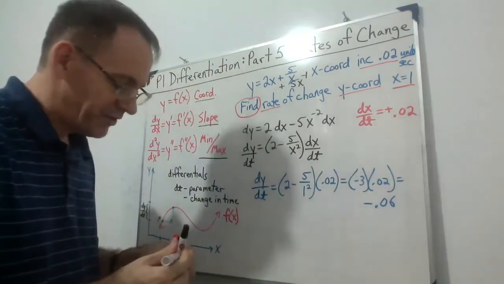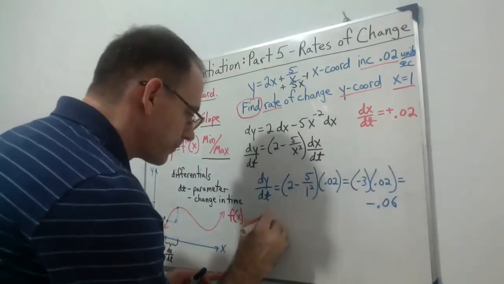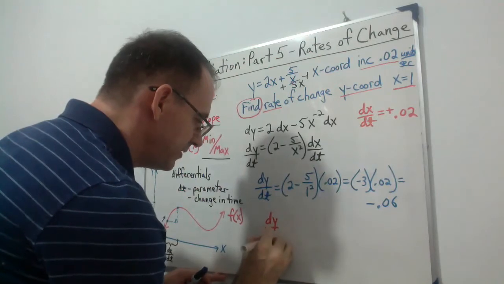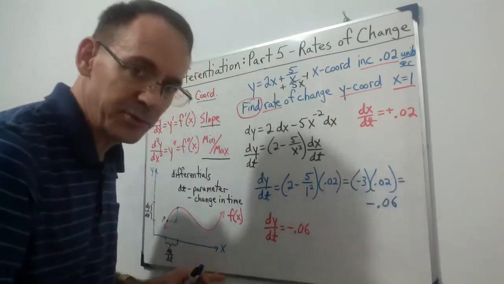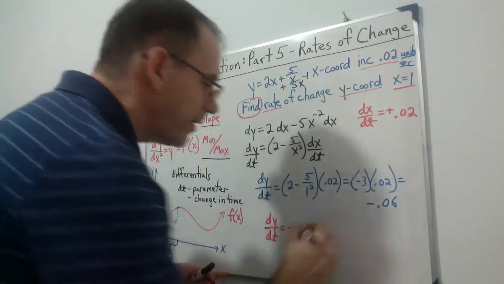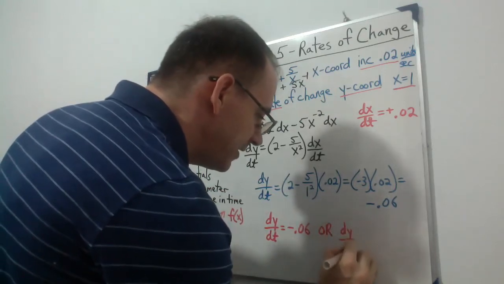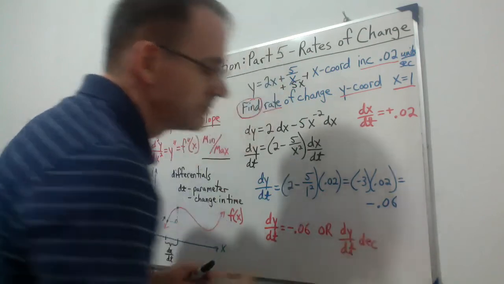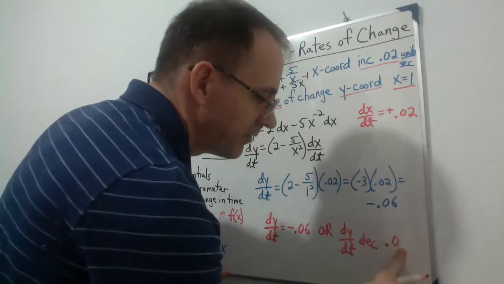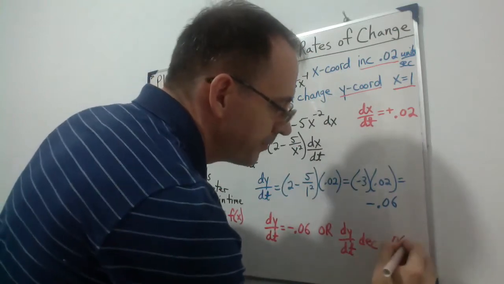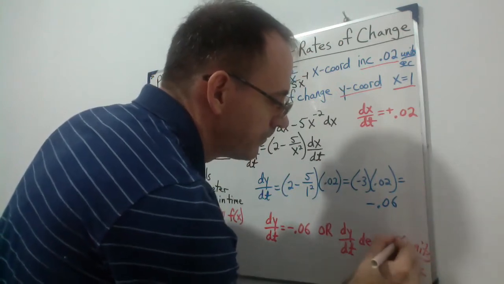So there's two ways that you can give the answer. You can say dy dt equals a negative 0.06 and just write the numeric value. Or you can say that dy dt is decreasing at 0.06, or a rate of 0.06, again, units per second.